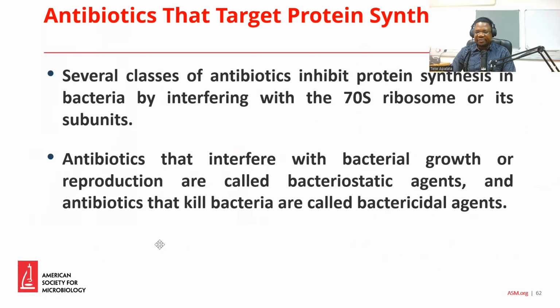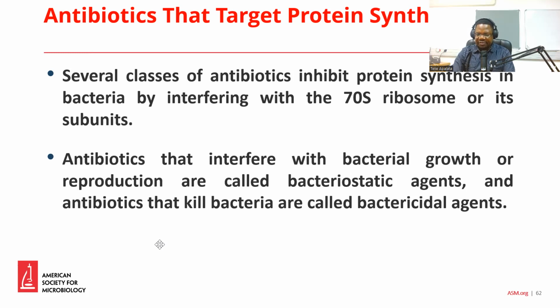There are several classes of antibiotics that inhibit protein synthesis in bacteria by interfering with the 70S ribosome or its different subunits. Remember, the bacterial ribosome has 30S and 50S subunits, but when they are combined in a single complex, they form the 70S ribosome.